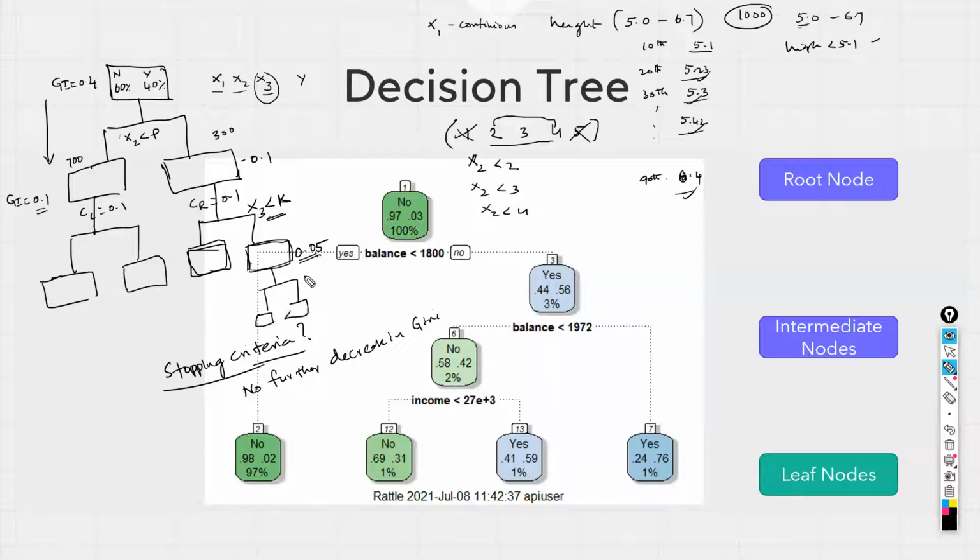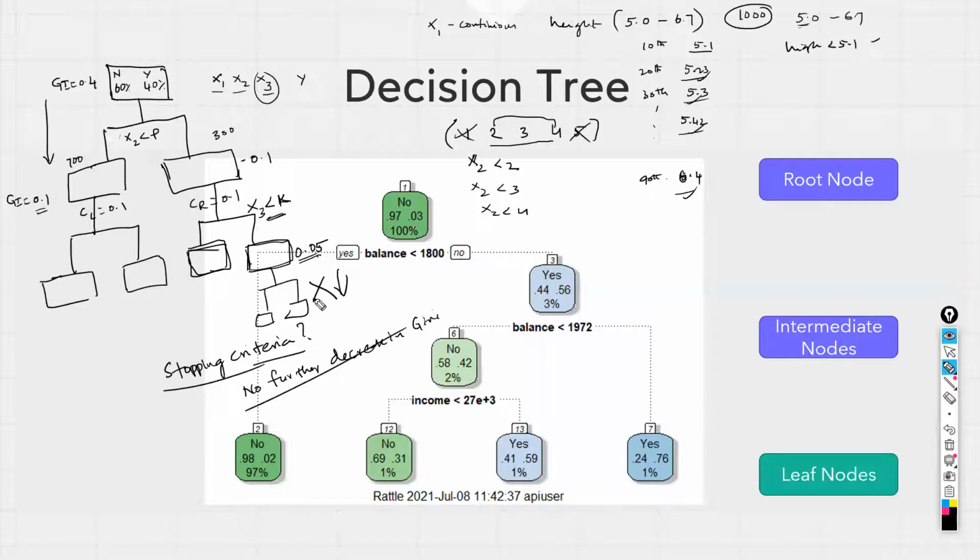The Gini here is 0.05. Whatever the data that is available and the variables that are available, when we try to split further, no split was able to reduce this below 0.05. Obviously, we would have to stop there. So this is the most common scenario of stopping criteria, when we cannot decrease the Gini further.